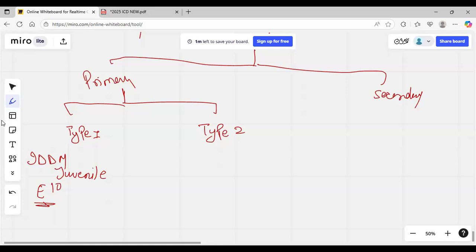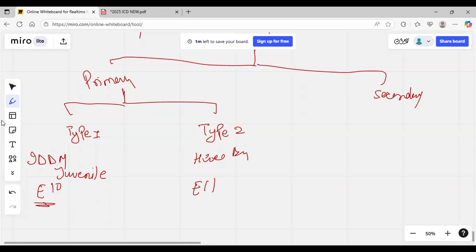Next we have type 2. Type 2 means hereditary diabetes. That means if our parents have diabetes, maybe in future, due to our lifestyles, we might get diabetes also. Type 2 codes start from the E11 series.